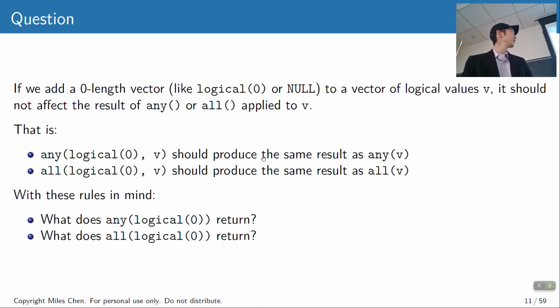If you have some vector v and you do any on v, that should result the same as just adding nothing to it, right? Length 0. So if I do any on logical 0 with v, that should result in the same as any on v. All on logical 0 with v should produce the same result as all on v. So with that in mind, what would any on the length 0 vector return? And what would all on the length 0 vector return?